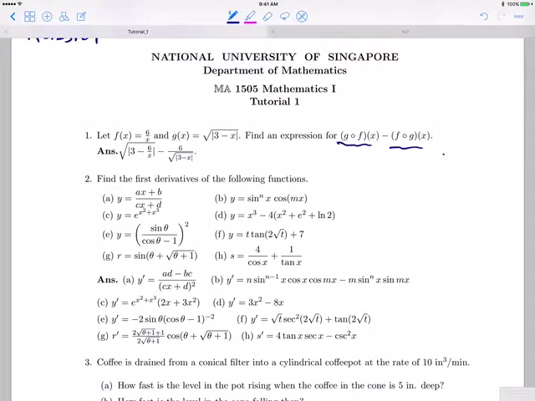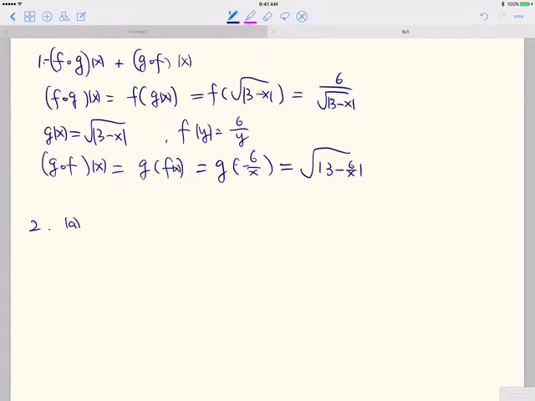For the second question, we need to calculate some derivatives of functions. For the first one, y equals (ax plus b) over (cx plus d). Apparently this is a quotient, so we can directly use the quotient rule.